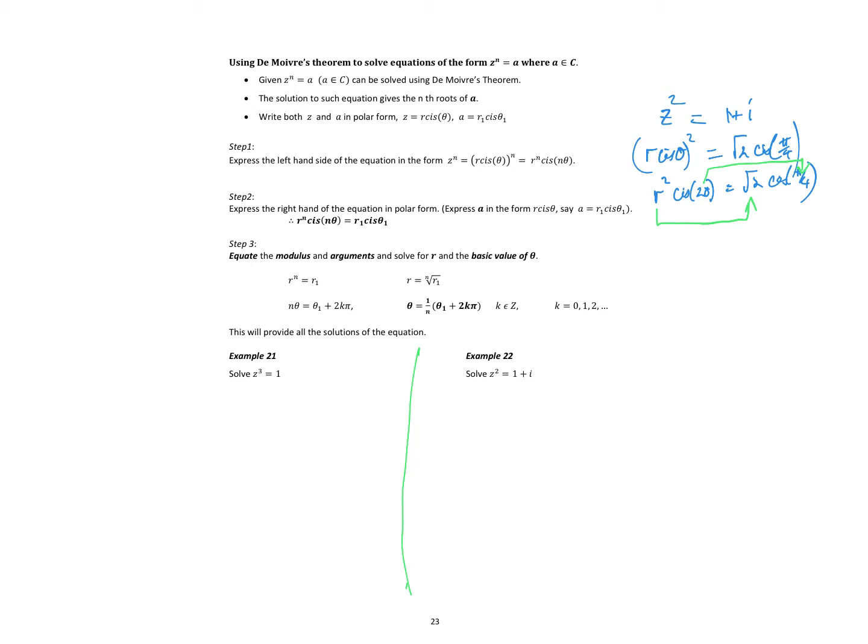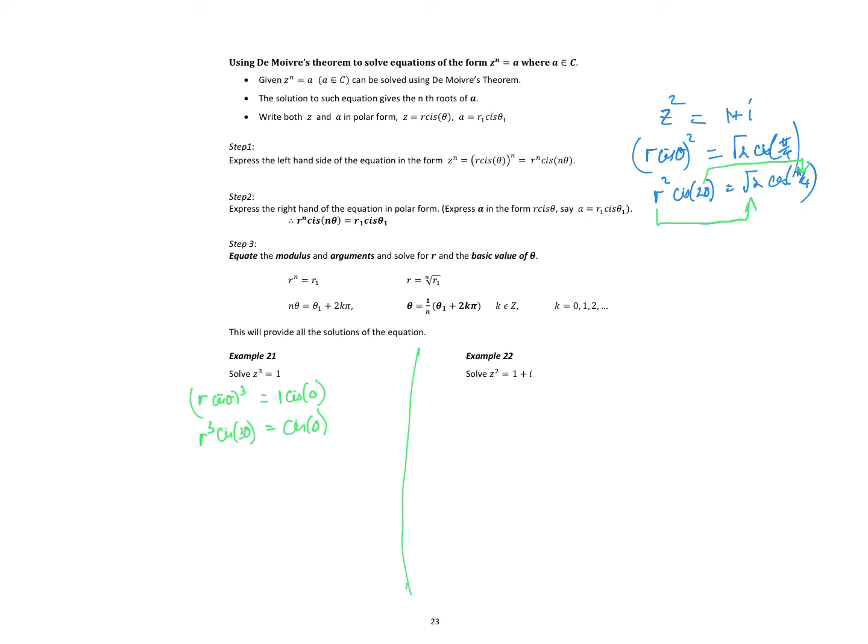If z cubed is equal to 1, so again, z is the same as r cis theta, all cubed. 1 in polar form is 1 cis 0, which gives me the point 1, 0. Now the left-hand side, using de Moivre's theorem, is r cubed cis 3 theta equals cis 0.